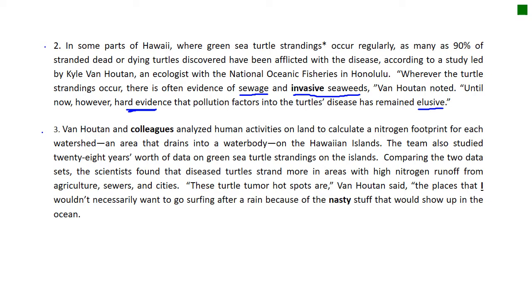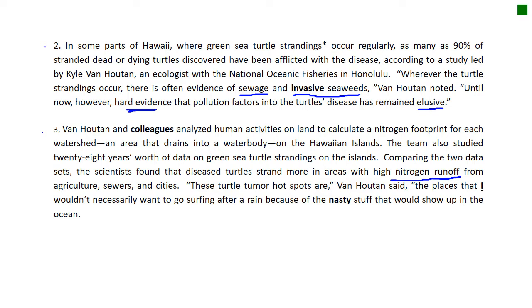Comparing the two data sets, the scientists found that diseased turtles strand more in areas with high nitrogen runoff. Okay, nitrogen is produced in sewage areas. So when there's a lot of nitrogen, it's a result of sewage from agriculture, sewers, and cities.